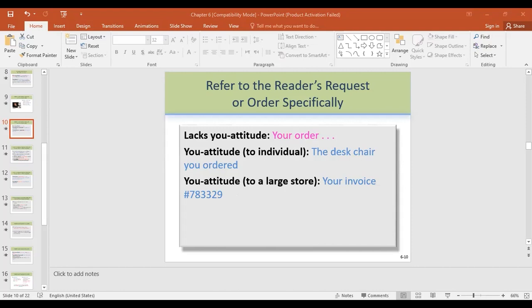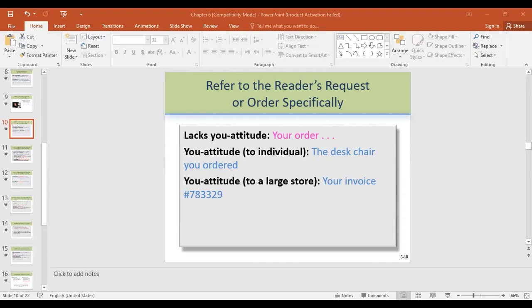Okay, so if your reader is an individual or small business, it's friendly to specify the content of the order. So I'm gonna say, such as the desk chair you ordered. Okay, but if you are writing to a big company with which you have a great deal, give the invoice or purchase order number.